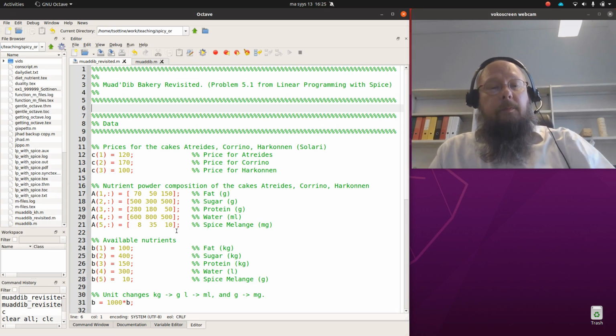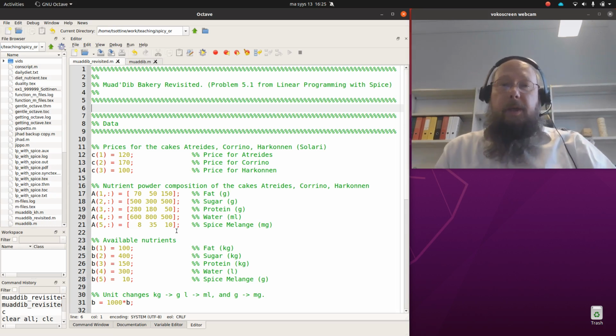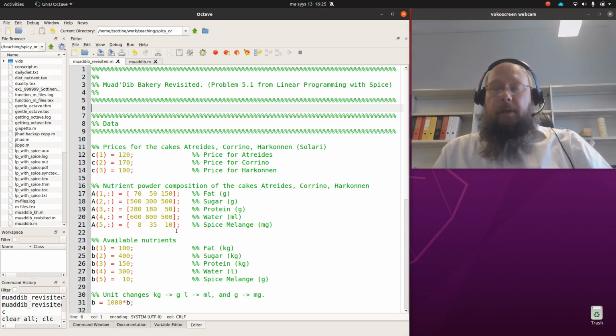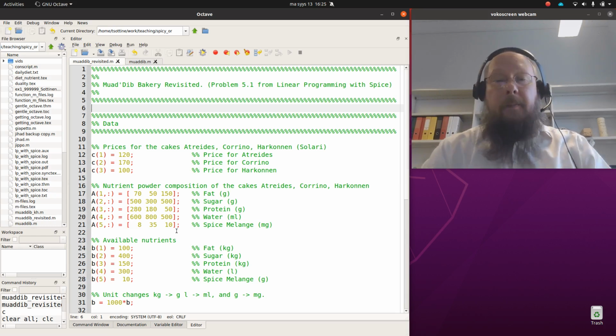So I have adopted the style that I don't clear the data in script files, but then I have to remember to clear it myself whenever there could be clashes or clutter in the workspace, clashes with the variables. All right, I hope you got the point.